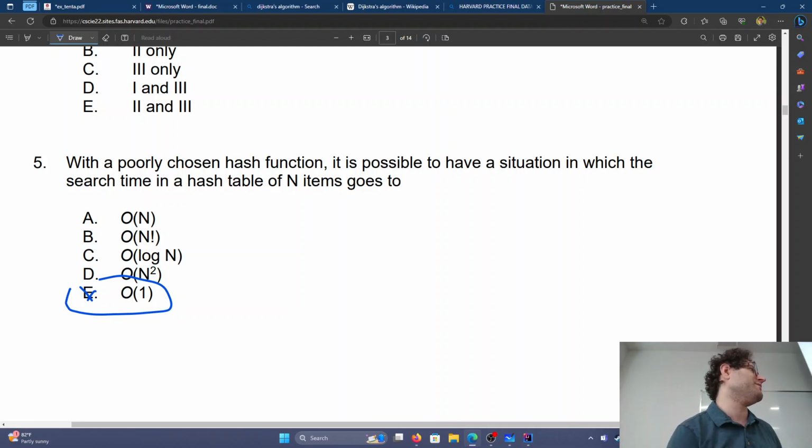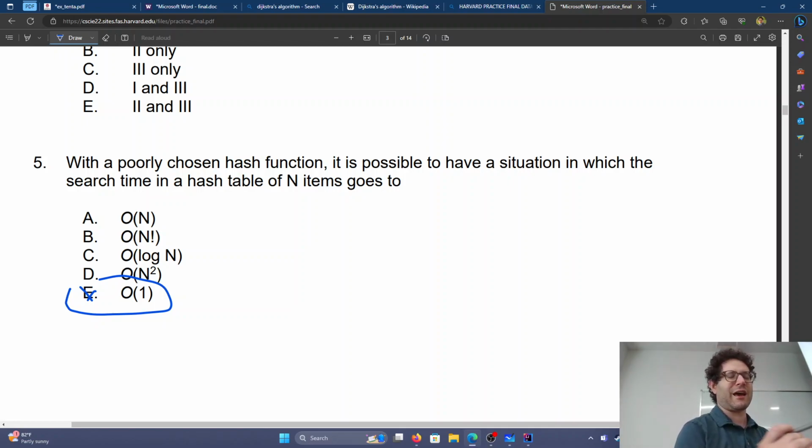O of n factorial seems a bit weird. You could make some kind of data structure where the search time is O of n factorial, but that's not particularly useful for us. Also, the hash function doesn't do anything to the table itself. You'd have to change the table to do that.